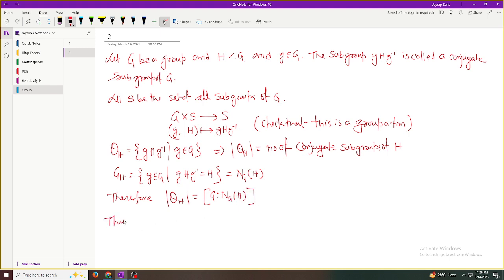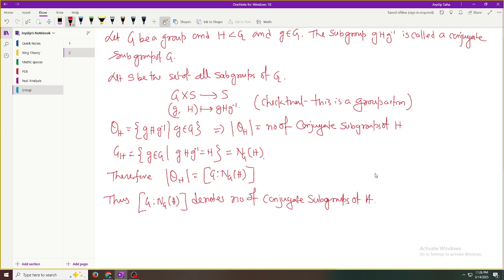Thus G colon N_G(H) denotes the number of conjugate subgroups of H in G. Okay.